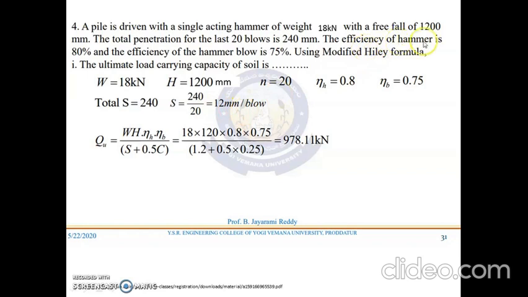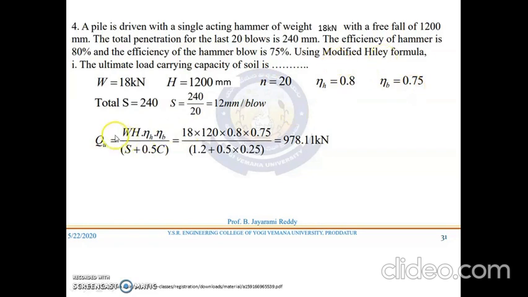The efficiency of hammer, that is eta h, is given as 80%, which is 0.8, and efficiency of hammer blow, that is eta b, is 75%, which can be written as 0.75.